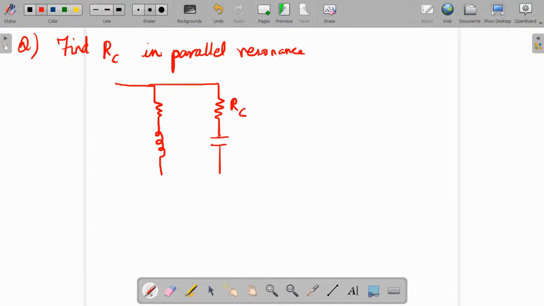This is RC, which you have to find. This is 6 ohm, this is J10 Henry, this is minus J2 farad. Okay, find RC.